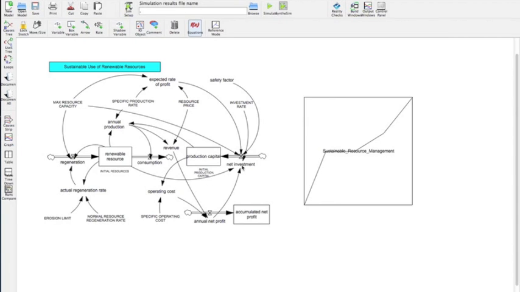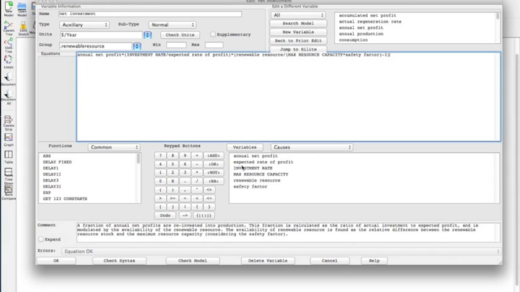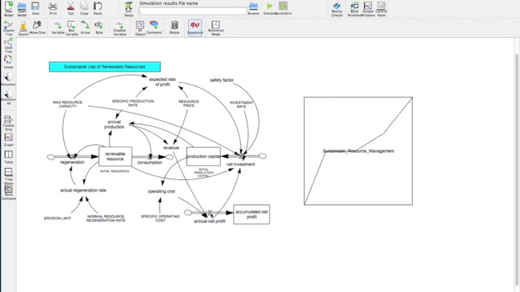Now the profits get recaptured into the investment. So that's how you actually get this net investment ratio back. You compare your annual net profit to your expected rate of profit, and this gives you that ratio that's repeated here.